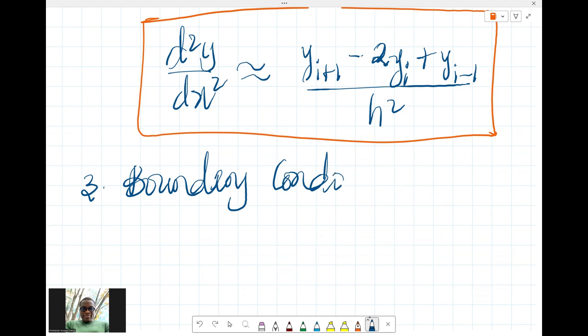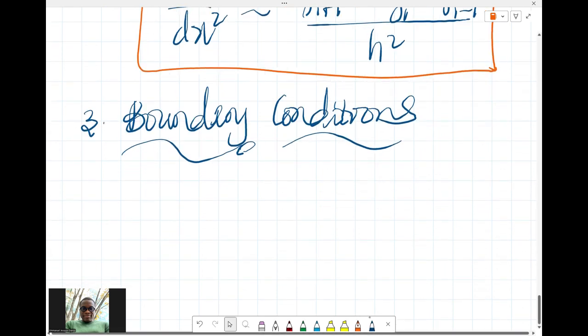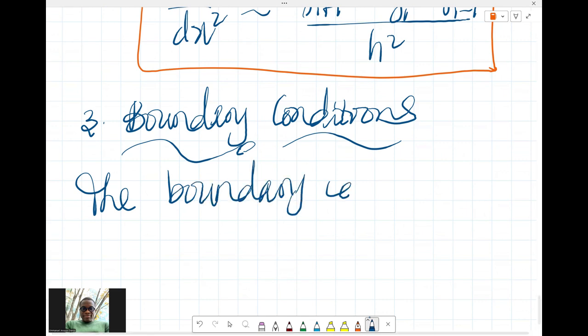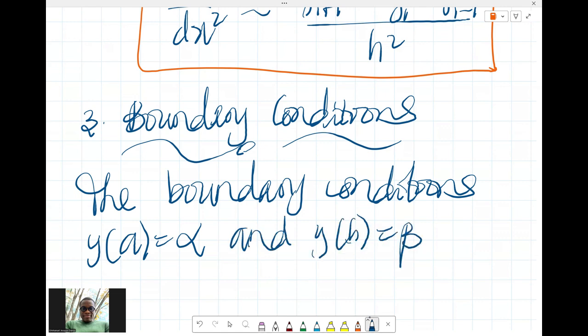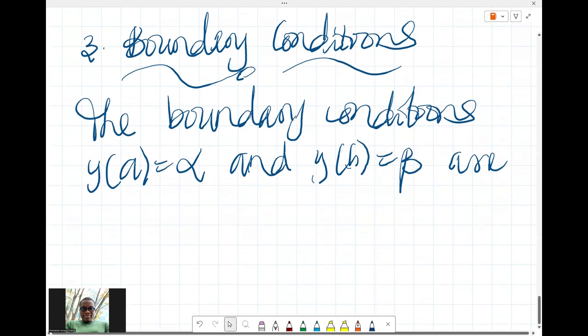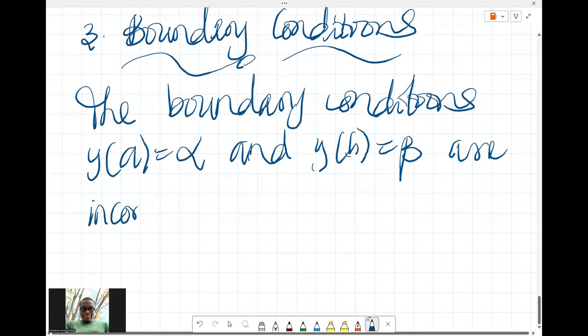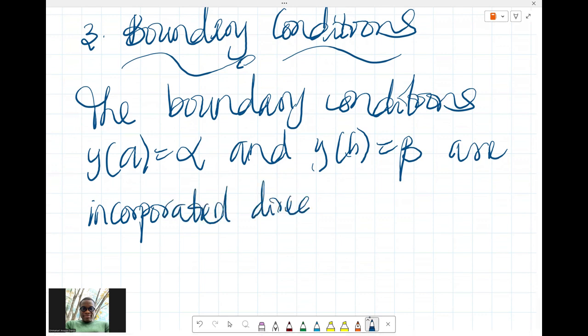The boundary conditions y of a equals alpha and y of b equals beta are incorporated directly into the system.